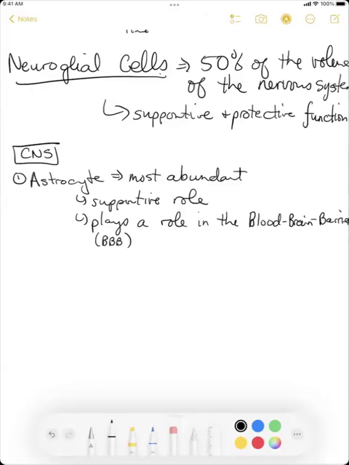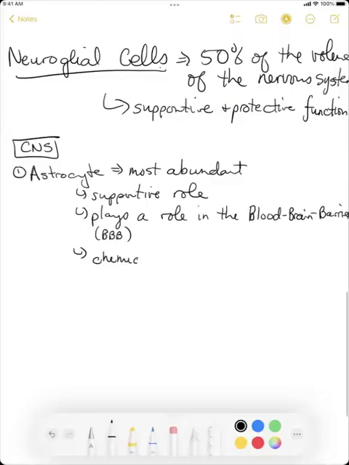Astrocytes play a role in that blood-brain barrier. Essentially, the only things that can really pass through are very small molecules and molecules that are hydrophobic, so those that dissolve in fat or oil-based molecules. Astrocytes are also going to help with chemical homeostasis in the central nervous system.